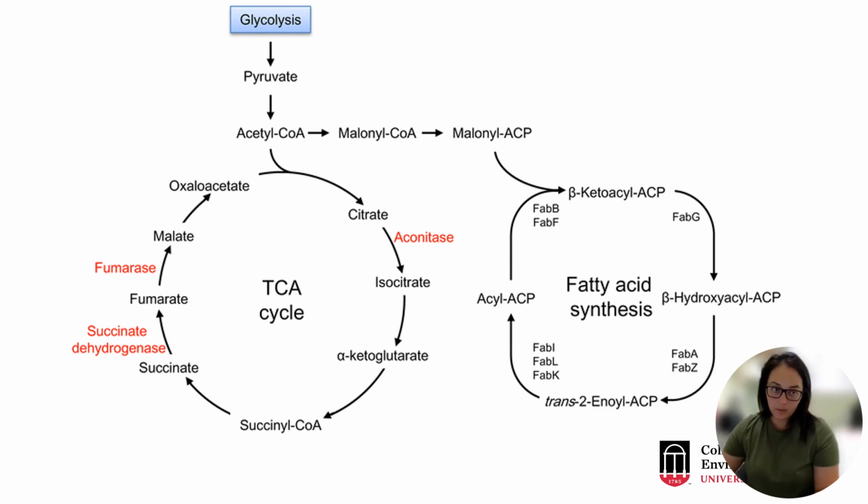So as we know, we go through glycolysis and make the pyruvate, which is essential in making the acetyl-CoA. And then when I talked about that malonyl-CoA pathway, that comes from the acetyl-CoA. So that acetyl-CoA carboxylase enzyme is what helps make that malonyl-CoA, which then goes into that pathway.